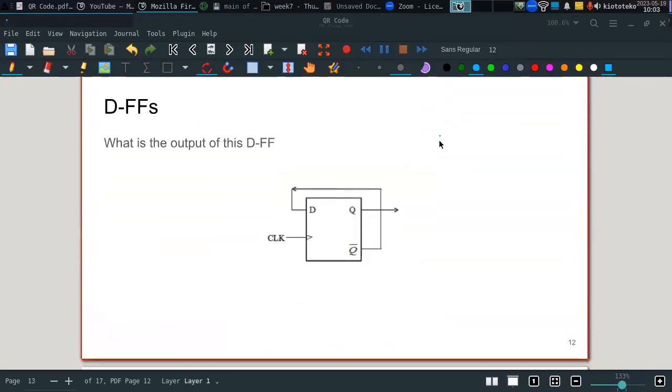Because if it's clear, I don't know, who knows what this circuit does? Can anyone guess what this circuit is doing? Flipping the value of Q, sorry?